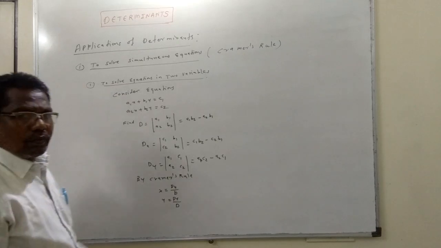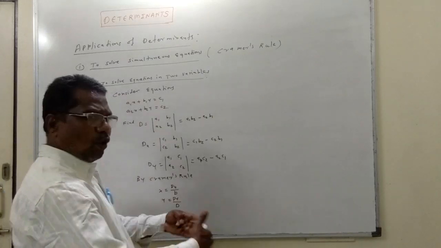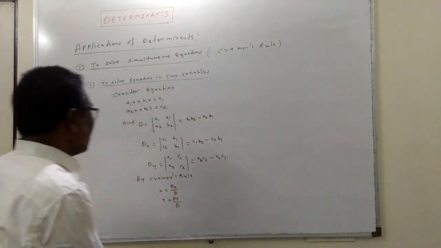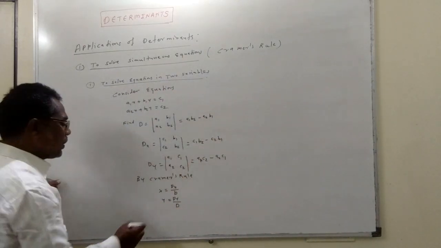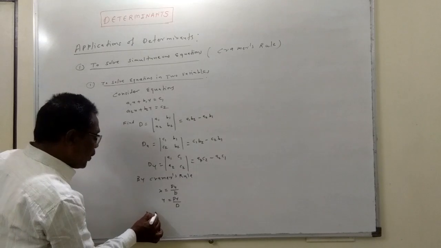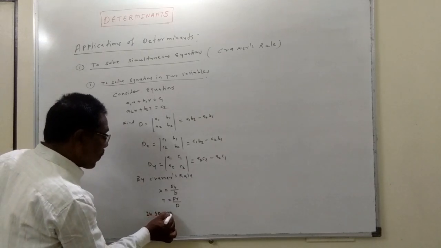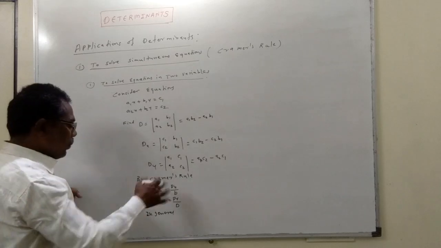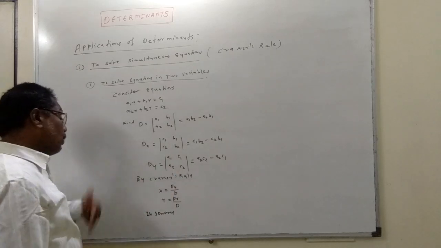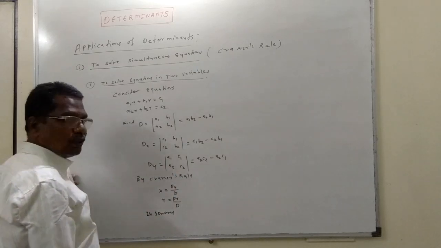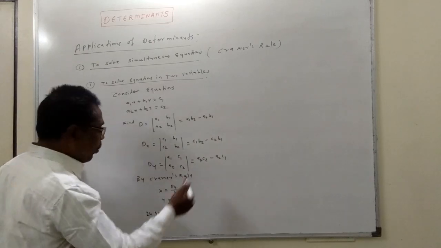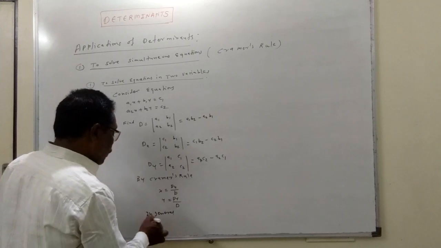In general applications, in other subjects and higher level mathematics, instead of calculating like this, we use another form. This is the method up to 12th standard, but when we go to higher levels, or when we use this method to solve equations in other areas, we use this one.